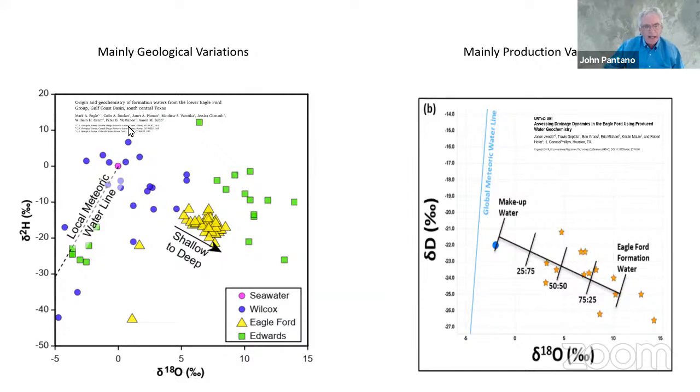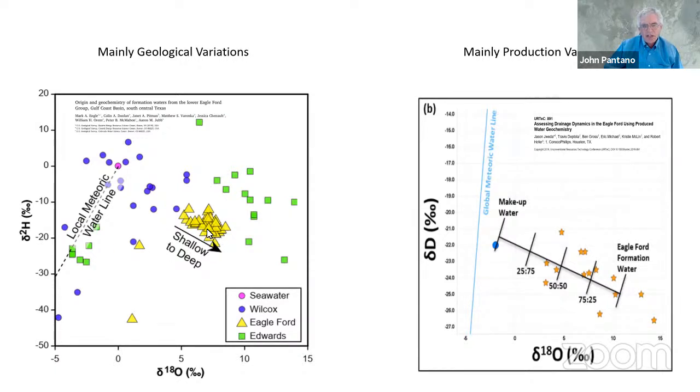I wanted to point out that Mark Engle and his researchers at the USGS sampled a bunch of produced waters, and the Edwards, for your information, is a lot deeper than the Eagle Ford. So it has a different mineralogy, but you can see that they group over here, where they're a bigger positive number in oxygen, and they become lighter or more negative in hydrogen relative to sea level. So this is the sea level point, and you can see how the different formations group in different areas.